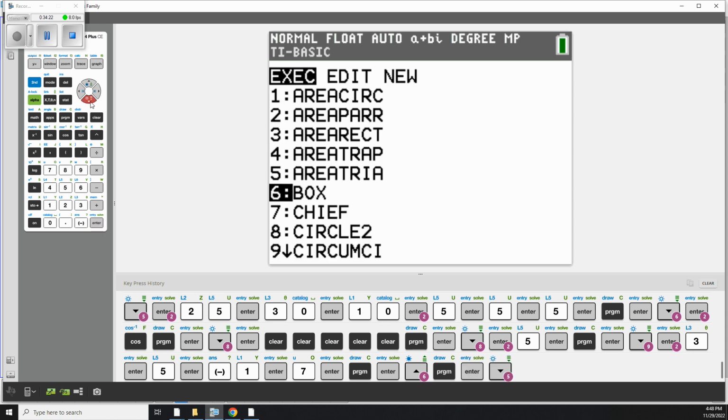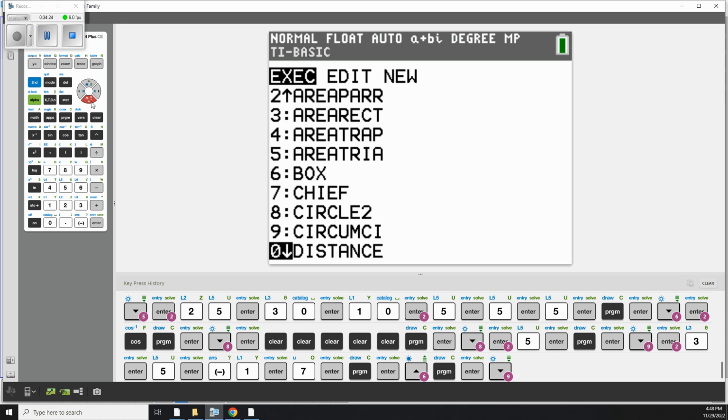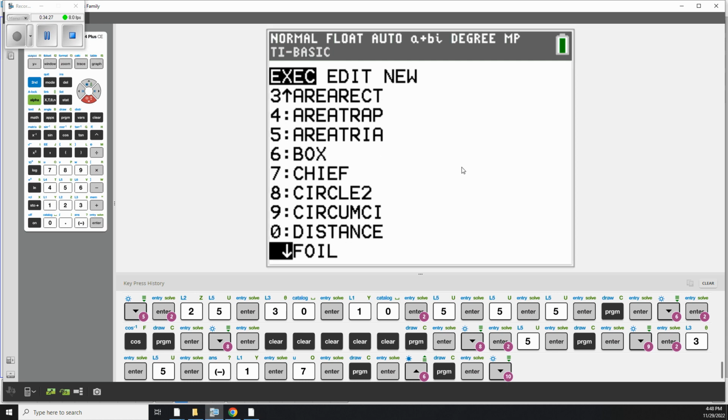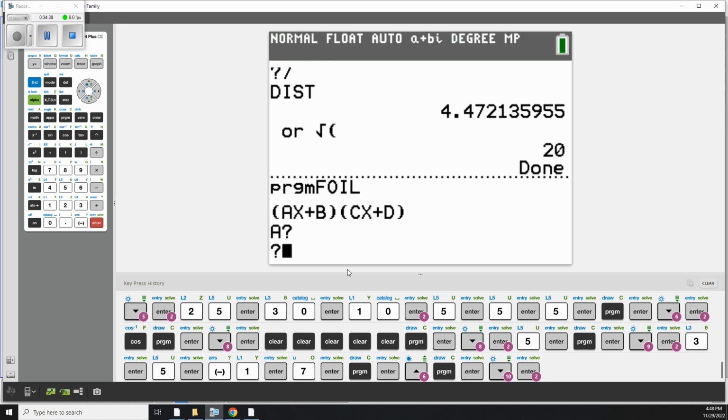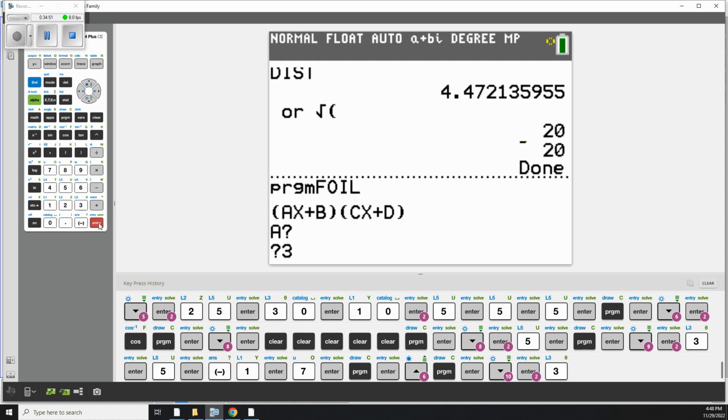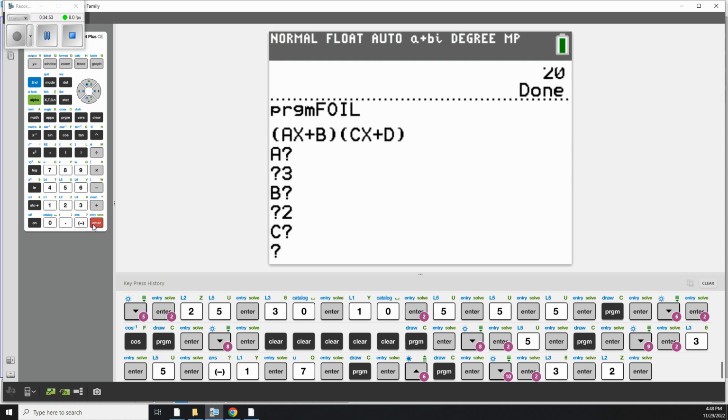Where are we? We were on distance. What's after distance, everybody? Foil. Most people don't use it, but I like it. All you do is give the A, the B, the C, and the D. Don't hit the variable. So say I want to foil 3x plus 2. I hit 3, 2, times 2x minus 5.